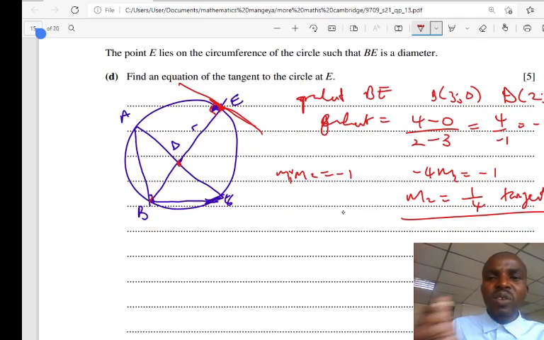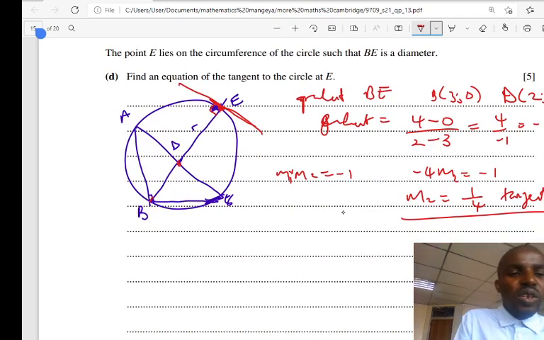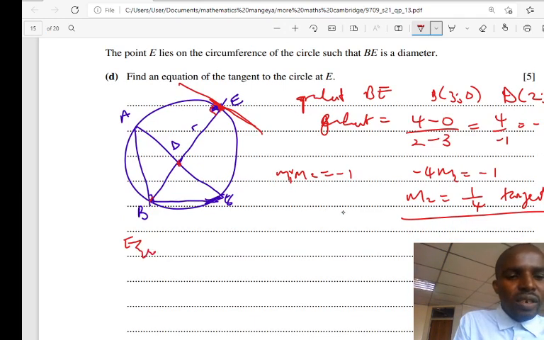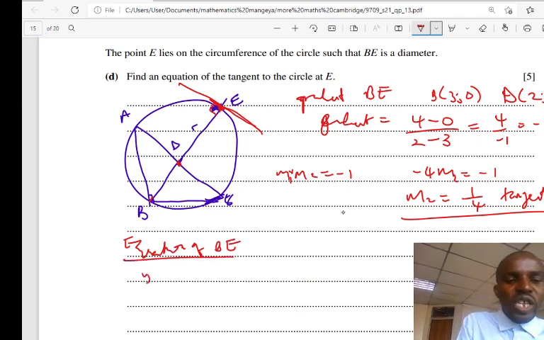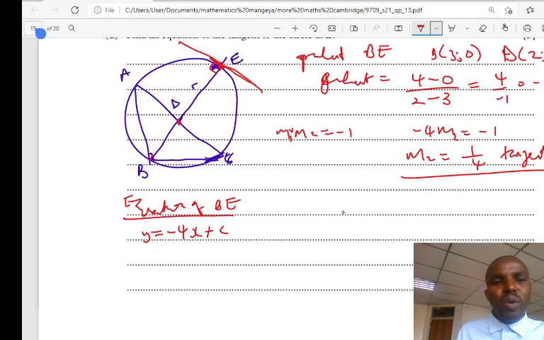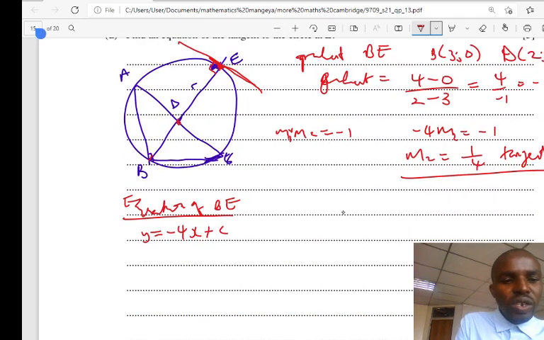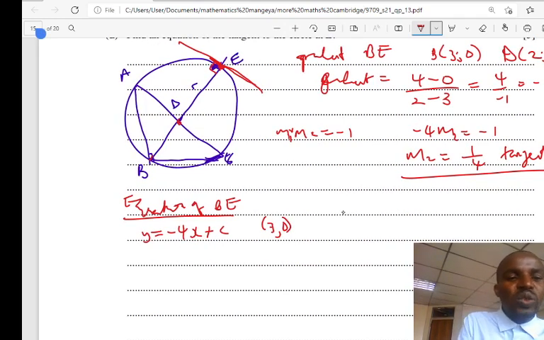Now let's find the equation of the line BE. We have gradient minus 4. So we write the equation of BE with gradient minus 4: y equals minus 4x plus c. Then you can use the point B, (3, 0). It means x is equal to 3 and y is equal to 0.